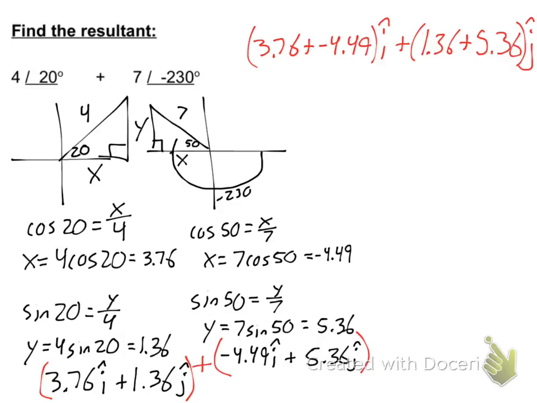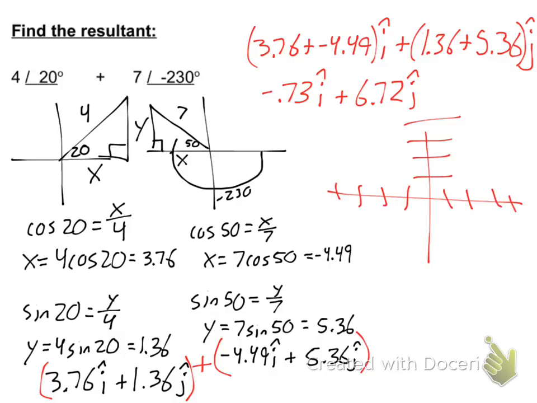That forms a new point. So what do we get when we add the negative 4.49? Negative 0.73 i hat plus 6.72 j hat.